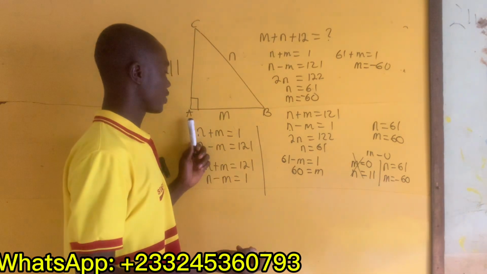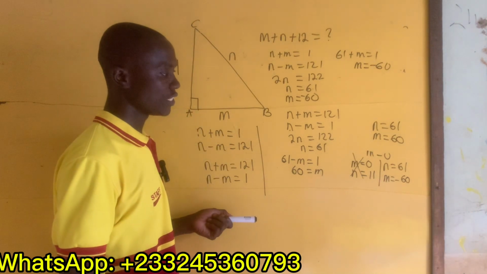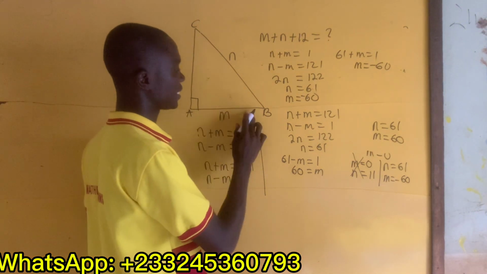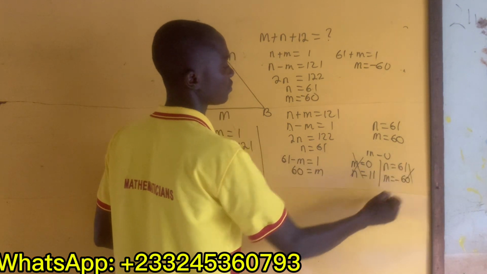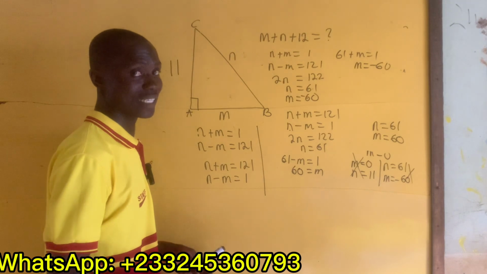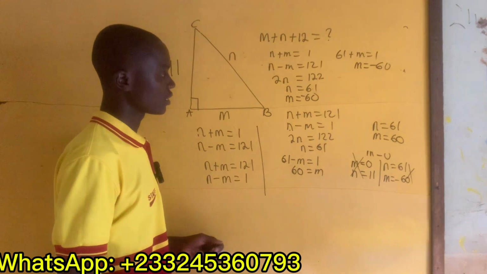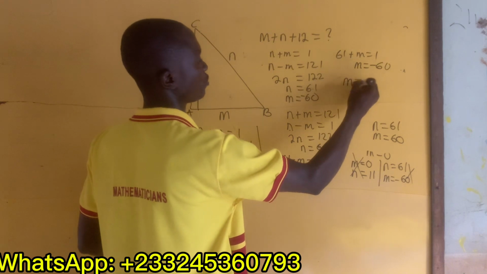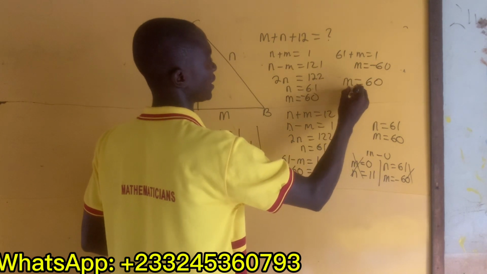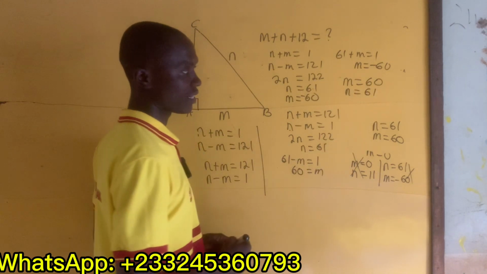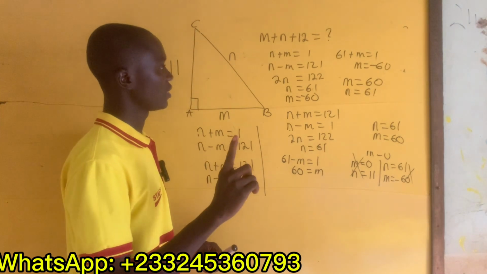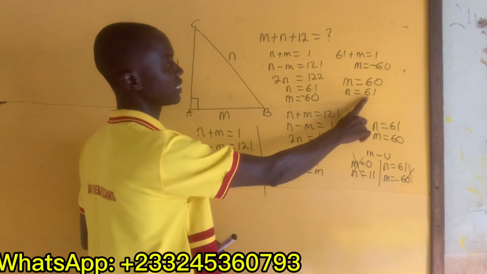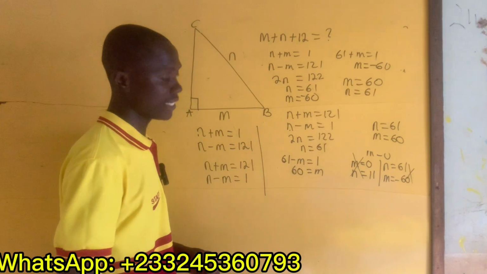And the distance also cannot be negative. So it means that we have m equal to 60 and n equal to 61. And n is greater than m, and 61 is also greater than 60.